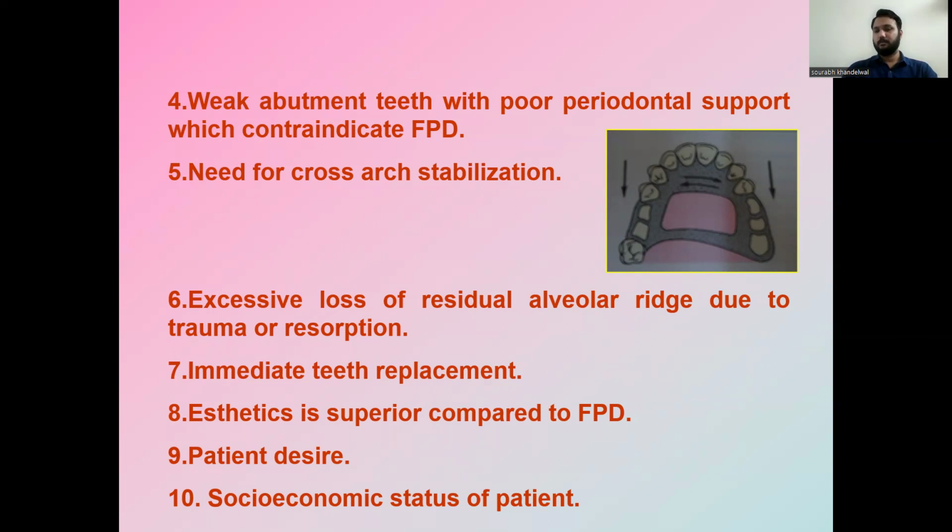Many a time patients do not go for extensive treatment like implants or FPD; they want simpler treatments like RPDs. Last is the socio-economic status of the patient. If the patient cannot afford treatments like FPD or implants, then we have to go for a removable partial denture, which is not that costly to the patient.